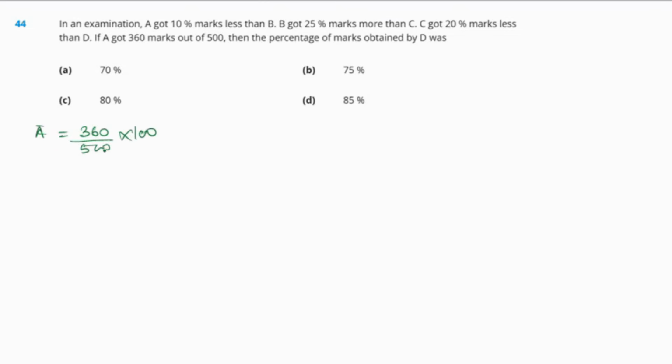So if we solve this, we will be getting 72%. Okay, A already got 72%, that we already know.